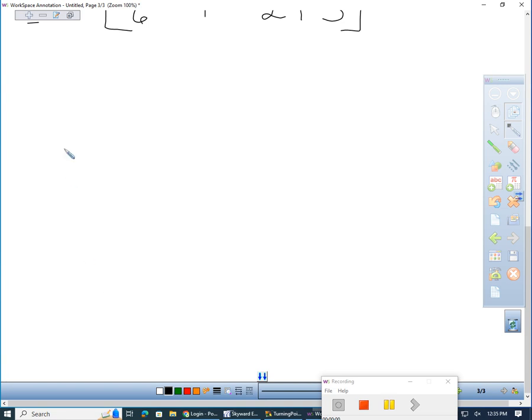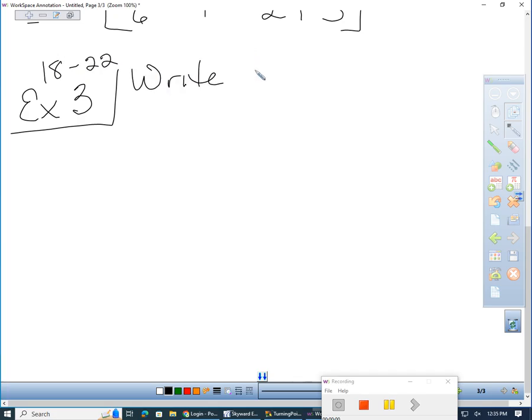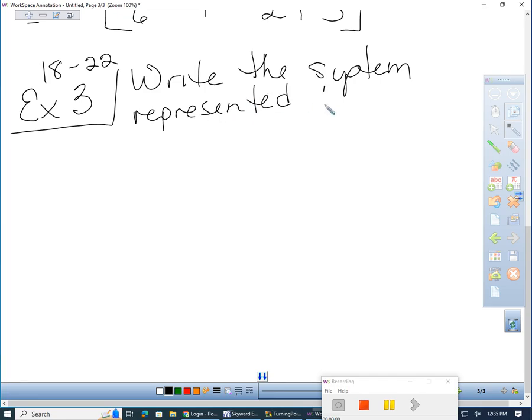Oh, we're just cruising, aren't we? Example number 3. And this one is 18 to 22. Write the system represented by the matrix.